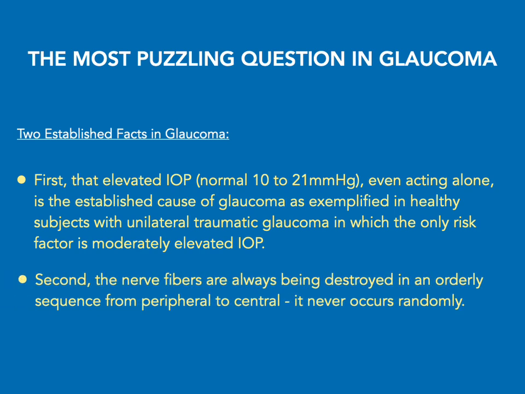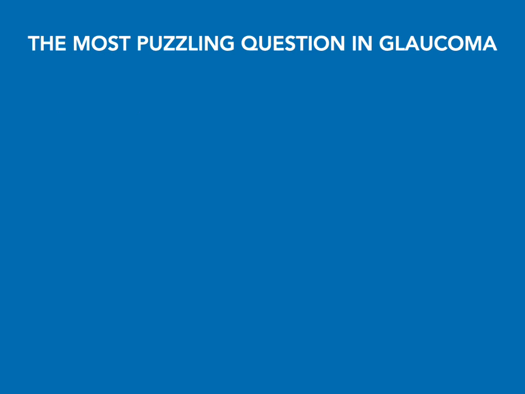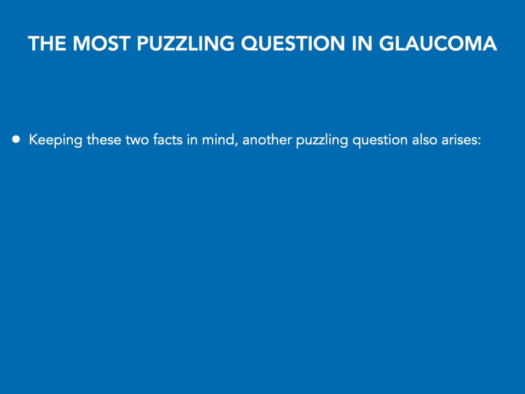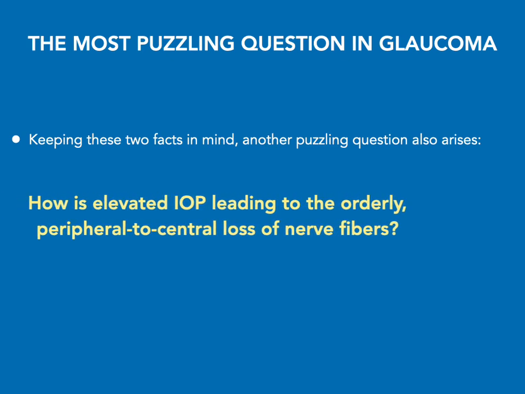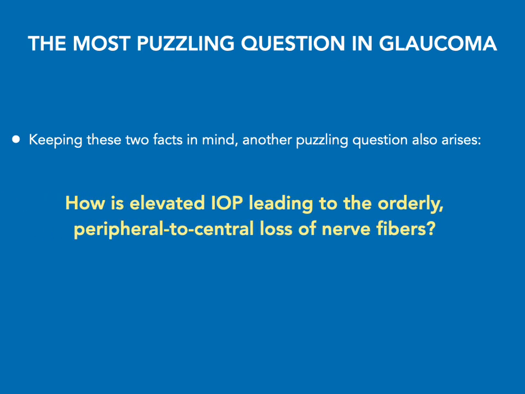Second, the nerve fibers are always being destroyed in an orderly sequence from peripheral to central. It never occurs randomly. Keeping these two facts in mind, a puzzling question then arises. How is elevated IOP leading to the orderly peripheral to central loss of nerve fibers?